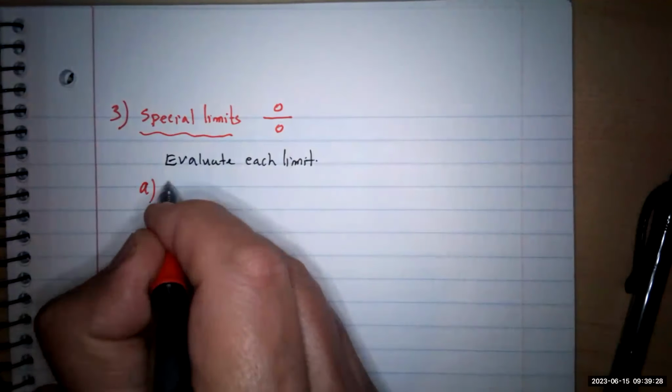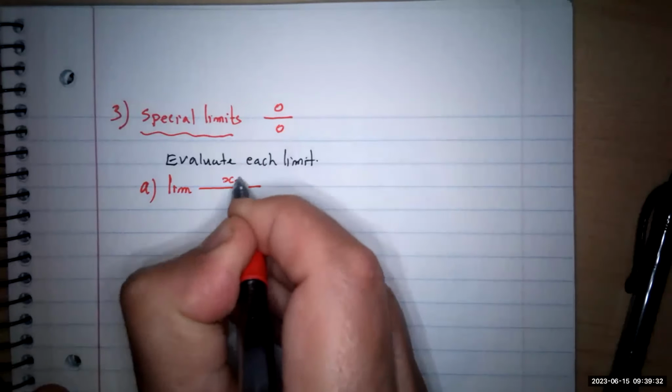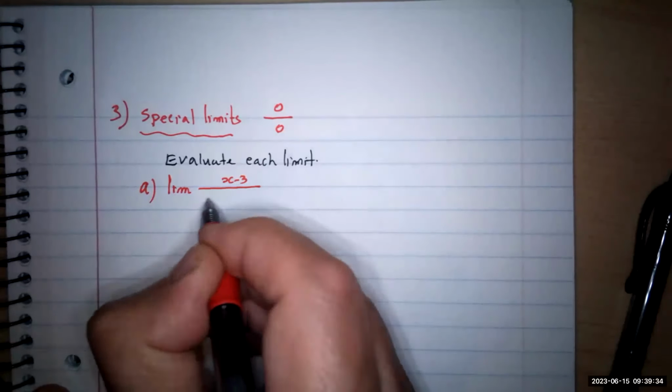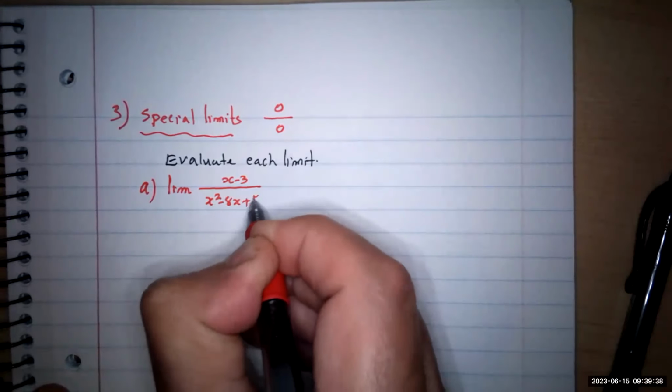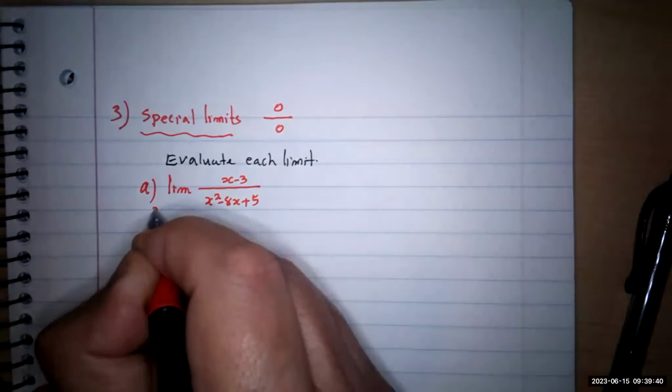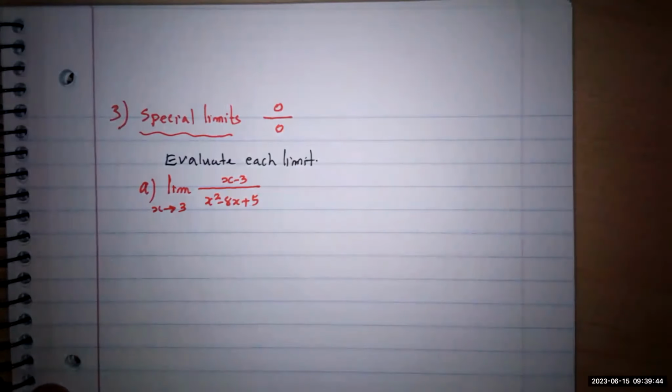You want to find the limit of (x minus 3) over (x squared minus 8x plus 15) as x goes to 3. That's a case 1. Directly you substitute to confirm that you get 0/0, because sometimes you may substitute and you get the actual result.